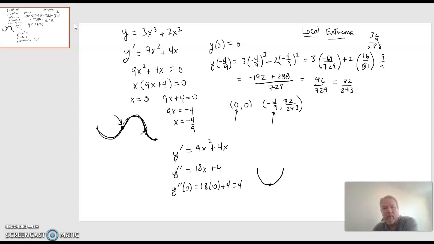Because when I put 0 into my first derivative, 9x squared plus 4x, I get a 0 out, which means the slope at that point must be flat. So I'm at the bottom part of this smile because the slope of that function must be flat there. I know I'm on a concave up portion of my function, but I'm on the flattest part of that concave up portion, which means 0, 0 is a relative min.